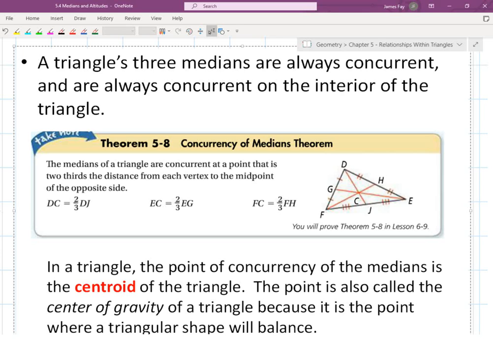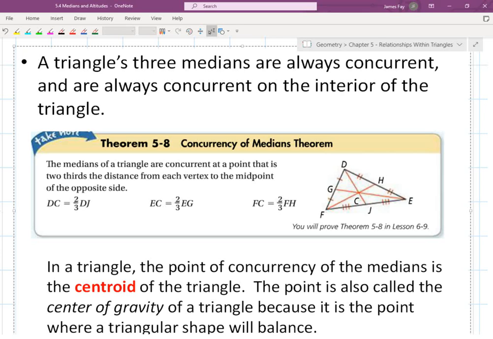Okay, and one of the nice features of that right now, so you talked about the circumcenter being able to draw the circumscribed circle, the incenter being able to draw the inscribed circle. There is a feature here about the centroid that is nice, and the feature is, it is what we call the center of gravity of a triangle.